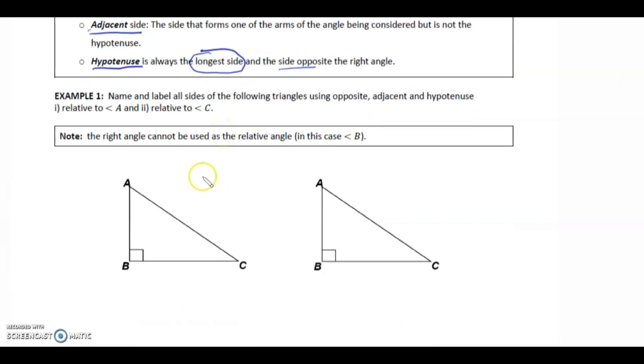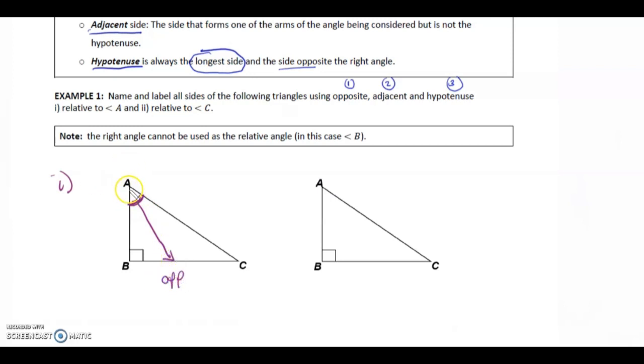So, example 1. Name and label all sides of the following triangles using these three: opposite, adjacent, and hypotenuse. So in number 1, we're going to use relative to angle A. So if this is angle A, the side opposite, you can put an arrow through. So this is opposite.